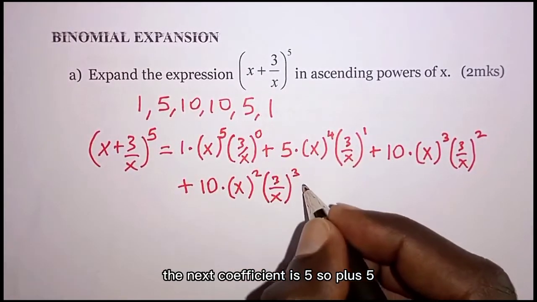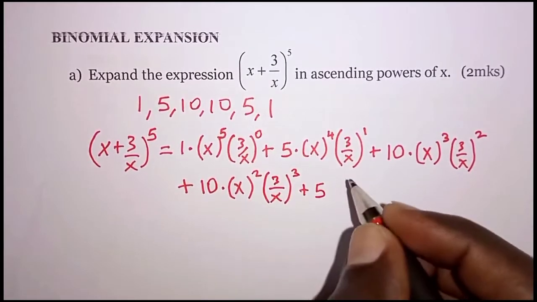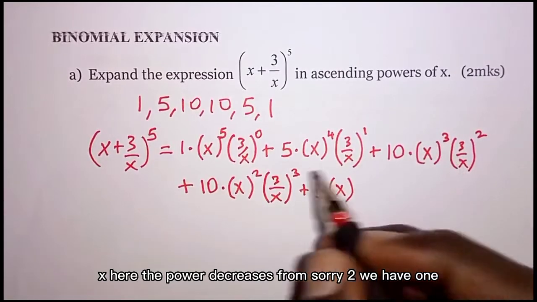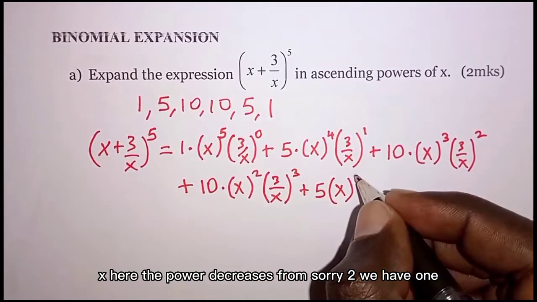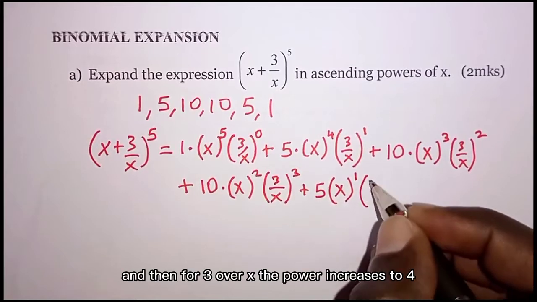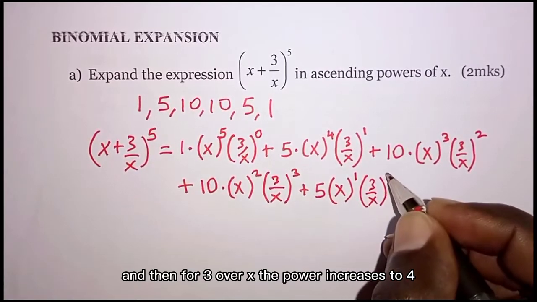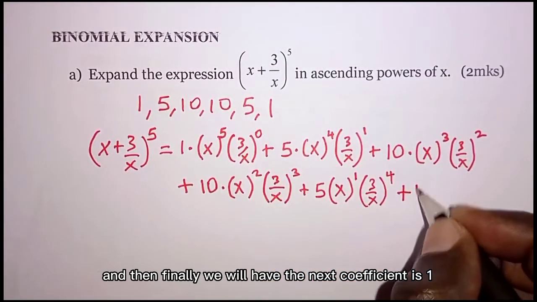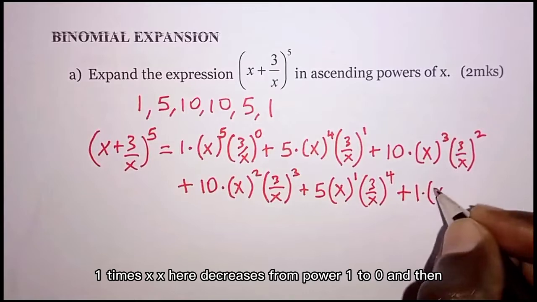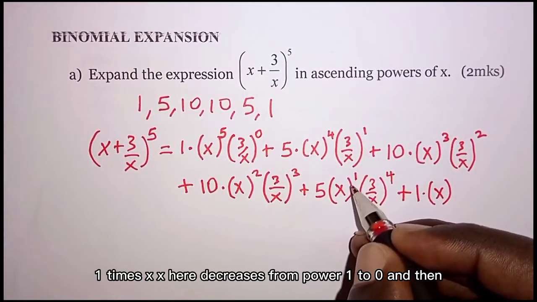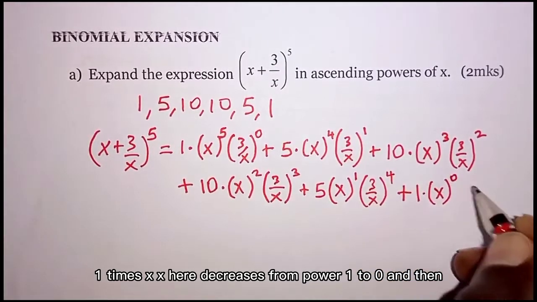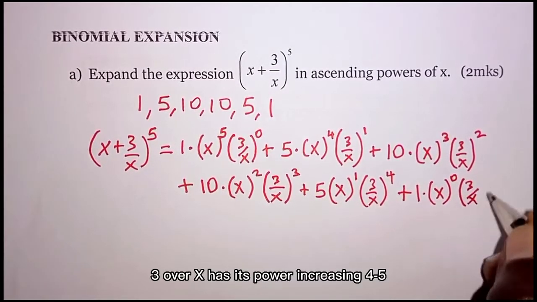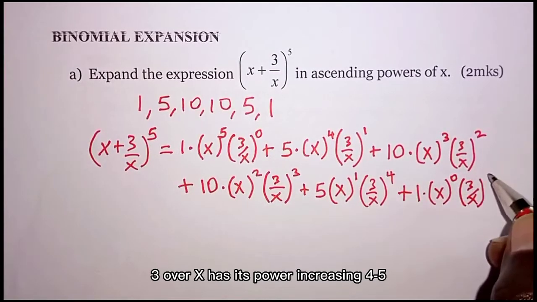The next coefficient is 5, so plus 5x. Here the power decreases from 2, we have 1, and for 3/x the power increases to 4. And then finally the next coefficient is 1 times x. Here x decreases from power 1 to 0, and 3/x has its power increasing from 4 to 5.